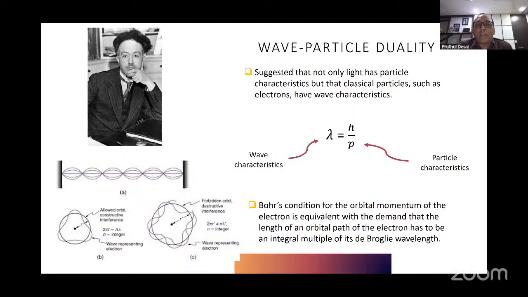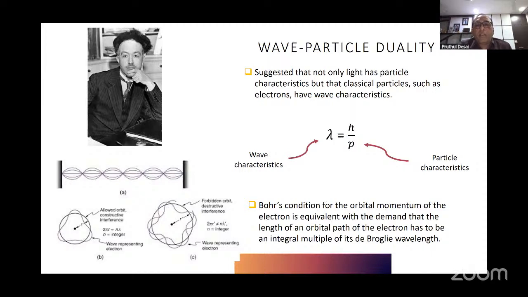So he extended the dual nature of light to matter as well. And that's how he gave the idea of matter waves. And we all know the famous de Broglie equation, which connects these two characteristics: lambda is equal to h upon p. Here lambda represents something related to a wave, and momentum is, of course, that of a particle.